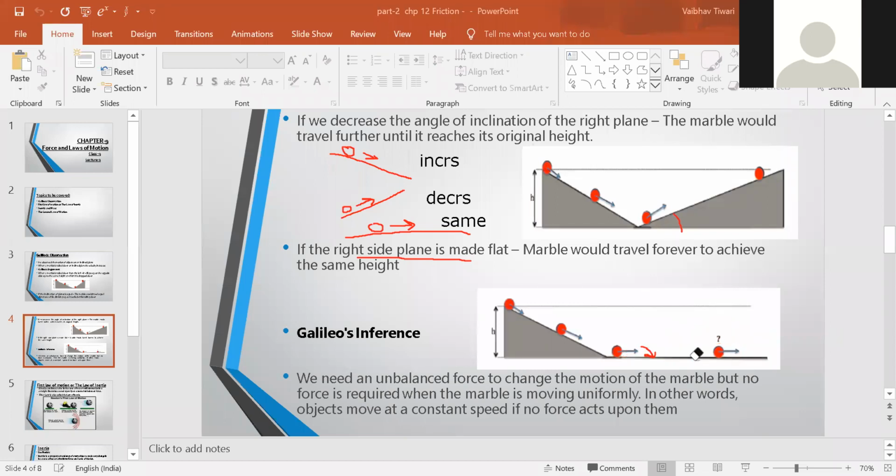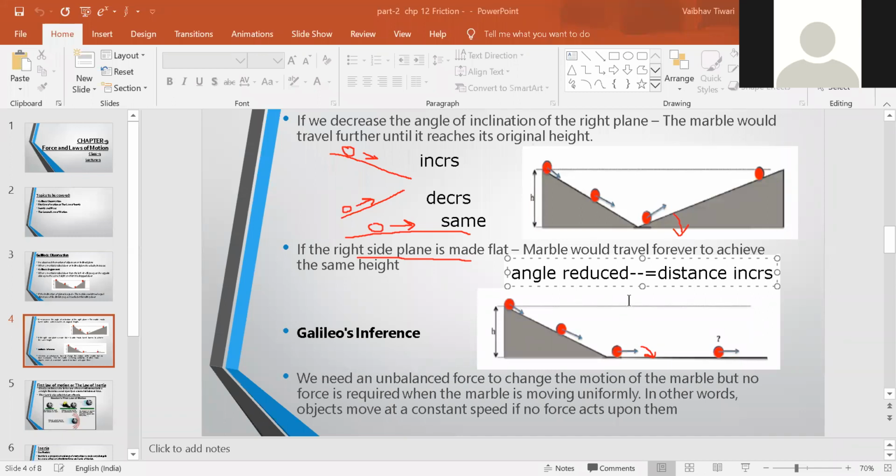And we have just discussed that when this angle is reduced, the distance covered increases, right?